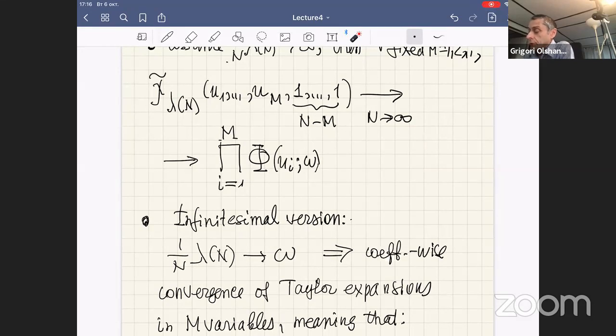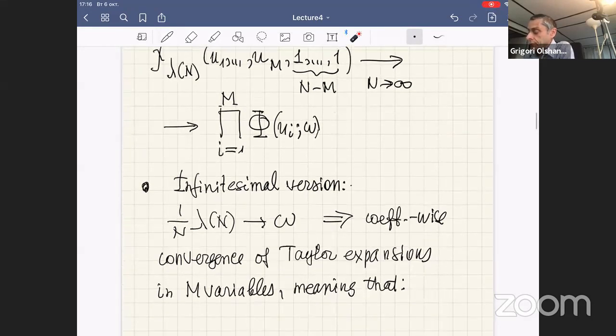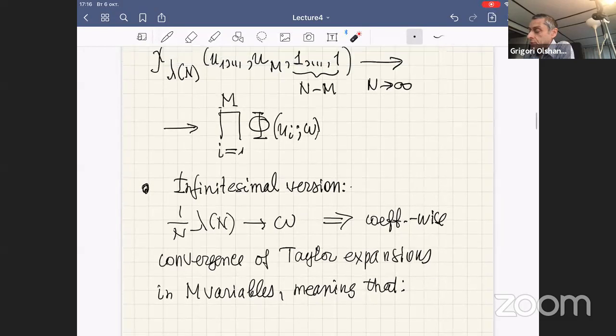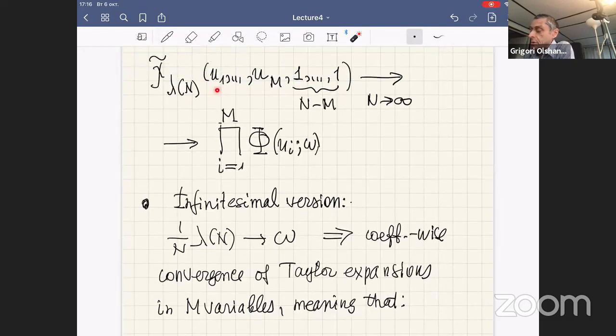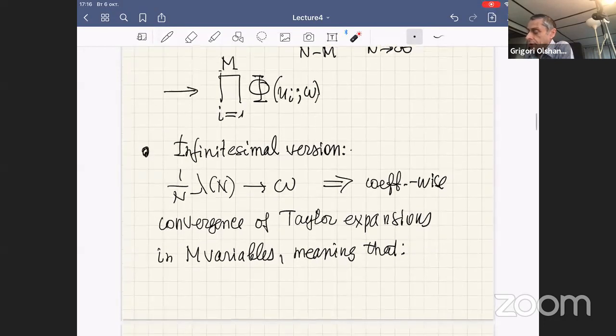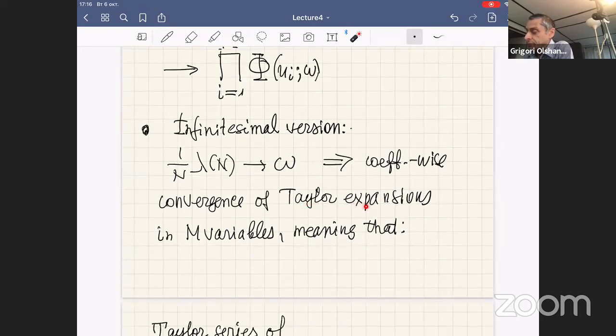Then the idea that I already discussed is that instead of proving this as a convergence of continuous functions on a torus, we want to pass to some infinitesimal version of it. So we want to prove the convergence of Taylor expansions at the distinguished point 1, 1, 1, 1. The convergence means coefficient-wise convergence.